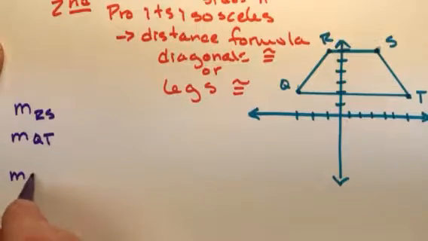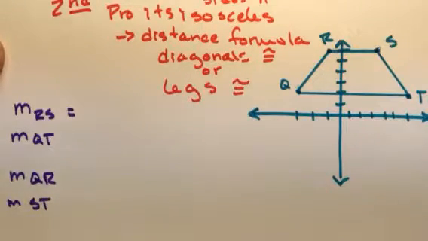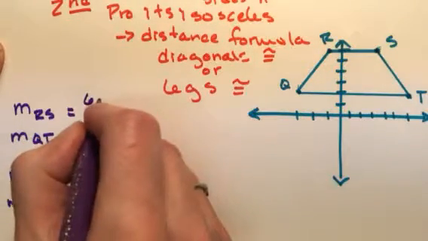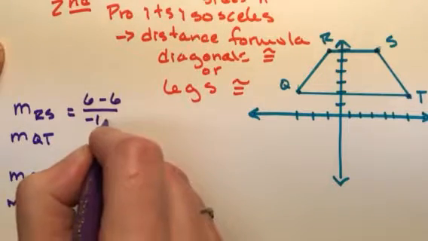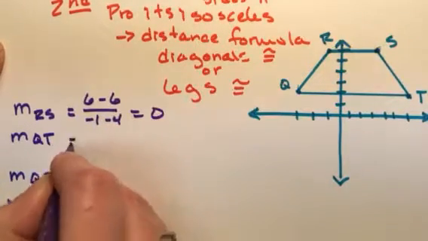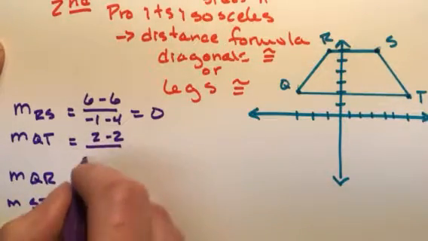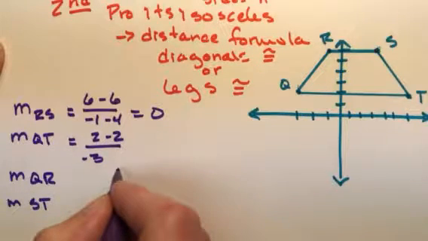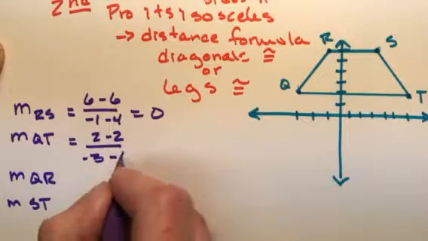And then I'm going to do the slope for QR and the slope for ST. So for RS, I have change in y, so 6 minus 6 divided by -1 minus 4, which is 0. And then for QT, I have 2 minus 2 divided by -3 minus 6, which is 0.